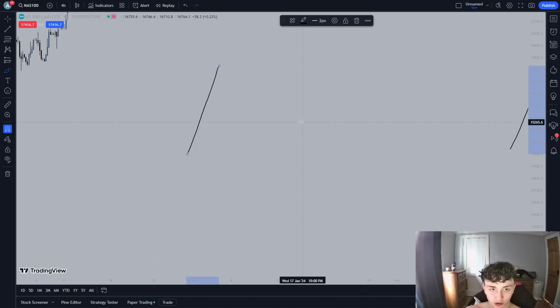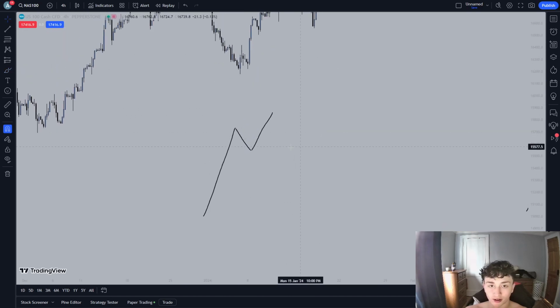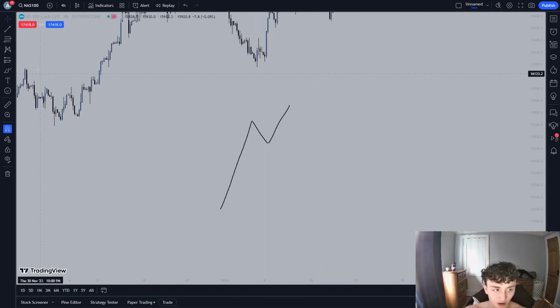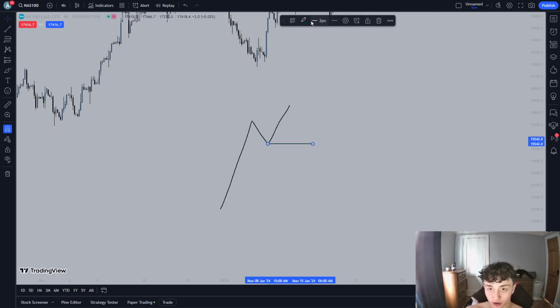And I'll show you. So it's going up, then it makes a low. It comes down. You don't want to short this low because there's no confirmation, because sometimes it would come down and then go back up. Now what you would want to short is this low that is created now, so you can mark this out. And sometimes the market will come down to this low, sweep it and then go back up.